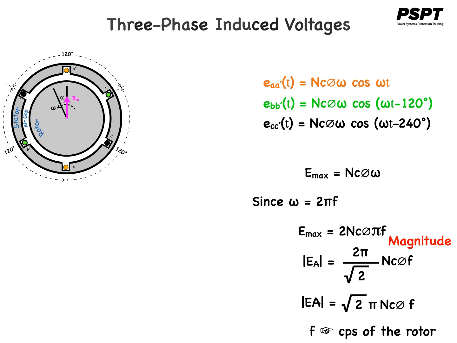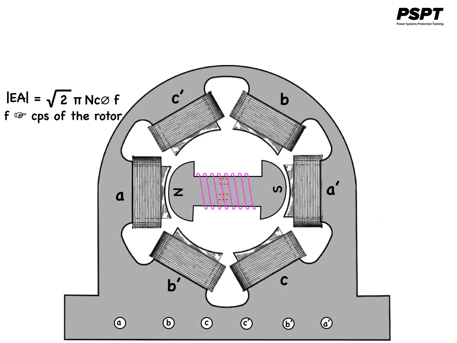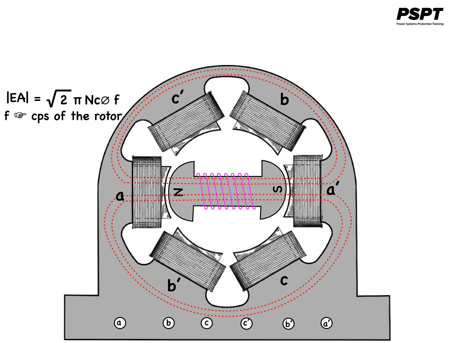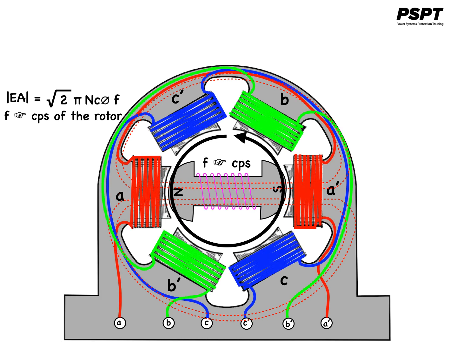We're now going to have a closer look at the internal generated voltages of a synchronous generator. Let's examine this synchronous generator now with a salient 2-pole rotor.